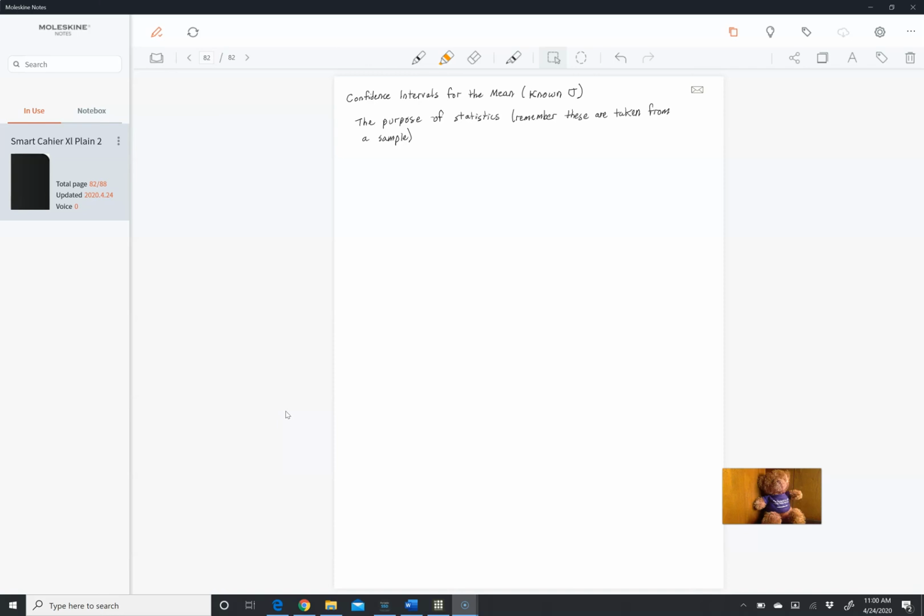The purpose of statistics is to estimate parameters, and parameters are taken from a population.